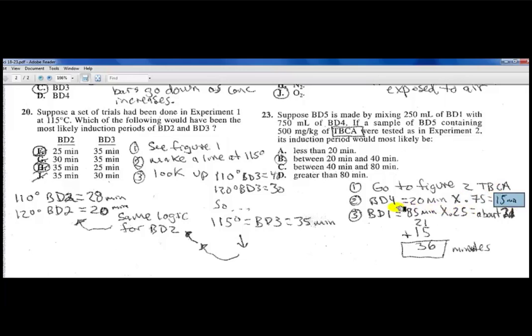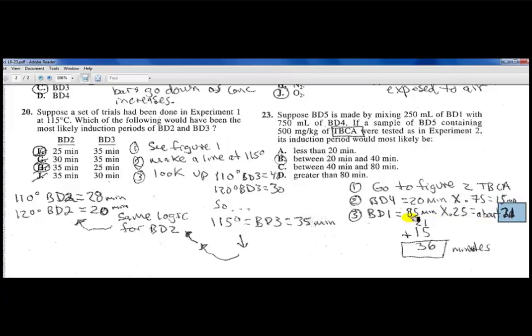So that means if we just had BD4, it would give you 15 minutes, but we're making a new solution, which is BD5. It's a combination between BD4 and BD1. So BD4 is 20 minutes at 0.75, 15 minutes. Then we're going to add that to the 85 minutes of BD1 at 0.25, which gave us 21 minutes.